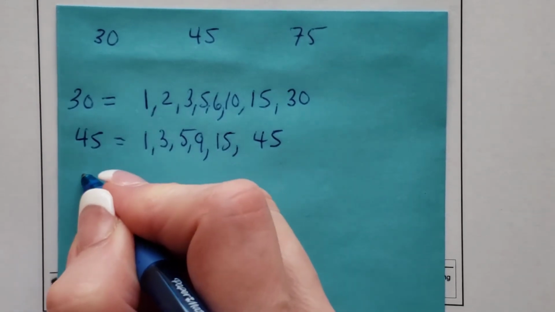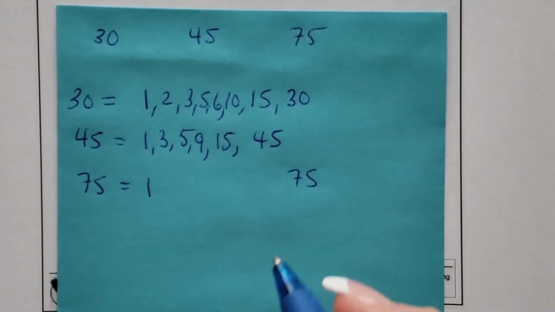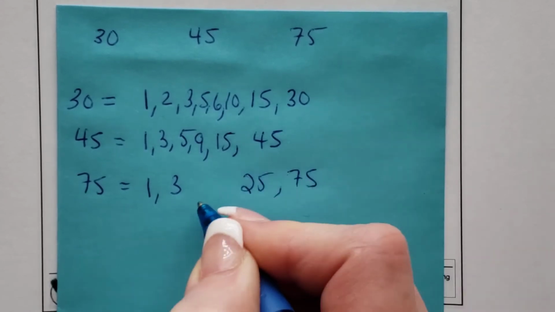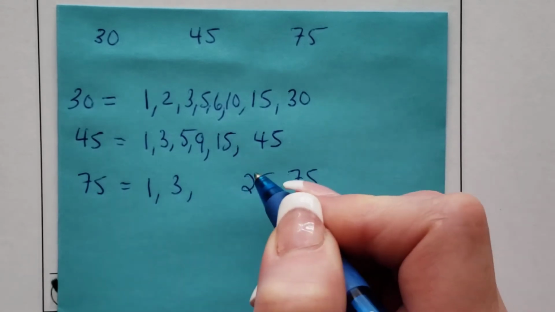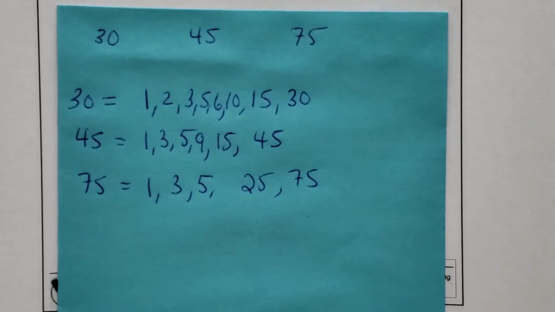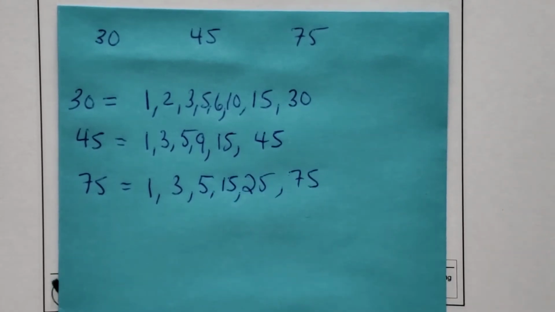Now 75, 1 and 75, 2 doesn't go into 75, 3 does, 25, 3, 4, nope, 5, yes, 5 times what, 15? Yes. And that is, I think we got them all, right? 2 times 25, 5 times 15, yep.